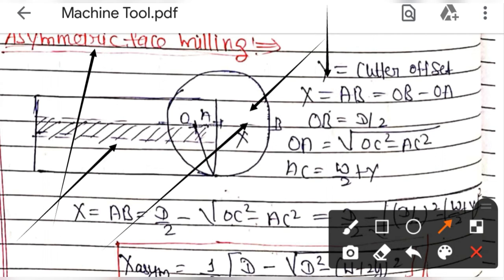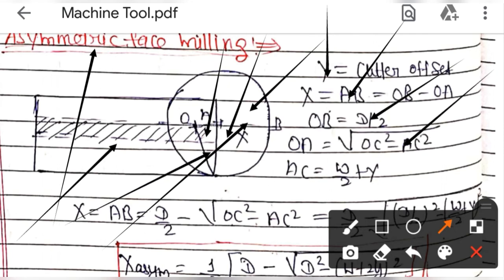So X, again we can write from the geometry. X is equal to AB, which is OB minus OA. OB is again the radius of the cutter, which is D by 2, and OA from this triangle we can write as the square root of OC square minus AC square, and AC over here will be the offset plus half of the width of the workpiece. Just substitute these two in this equation and solve it.